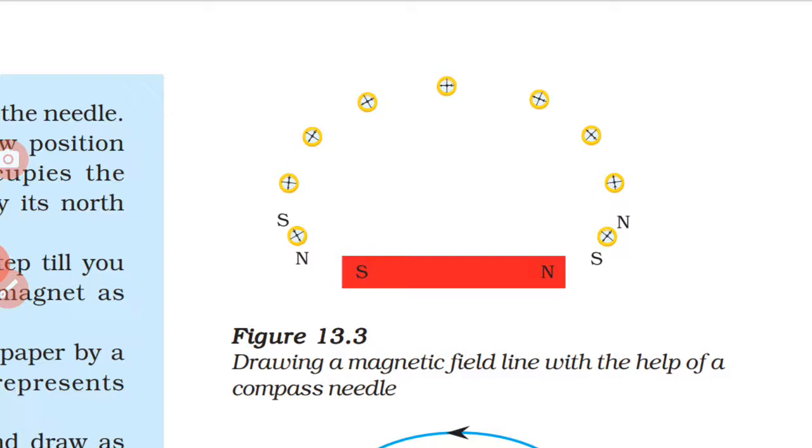Now place the magnetic needle near the north pole of the magnet. You will see that its south pole will be in the direction of the magnet's north pole and the north pole of the needle will be in the outward direction from the magnet.